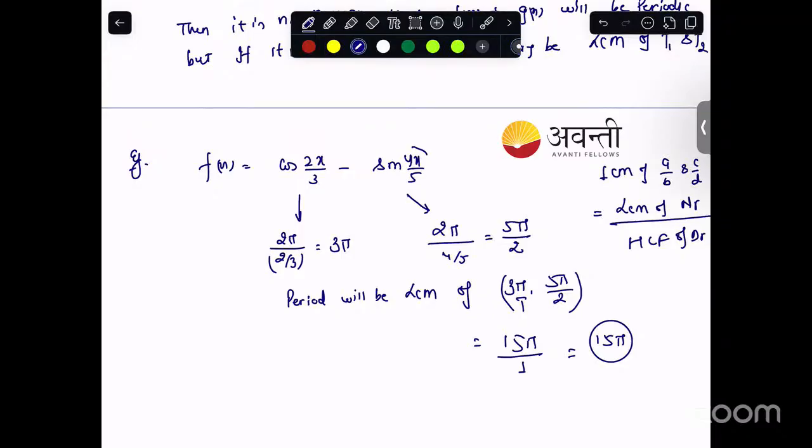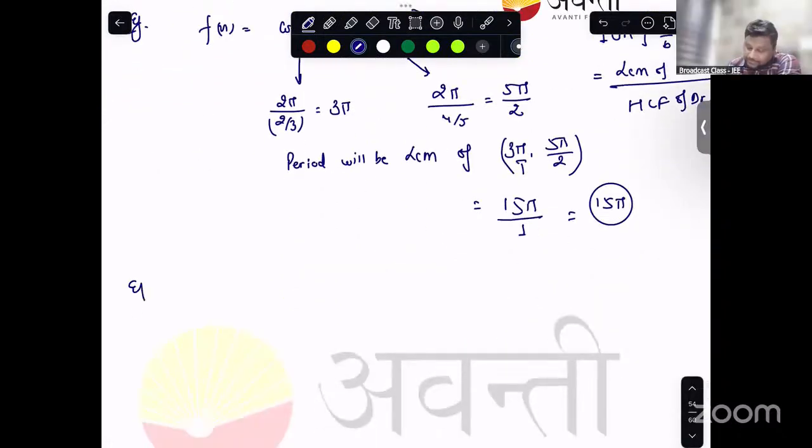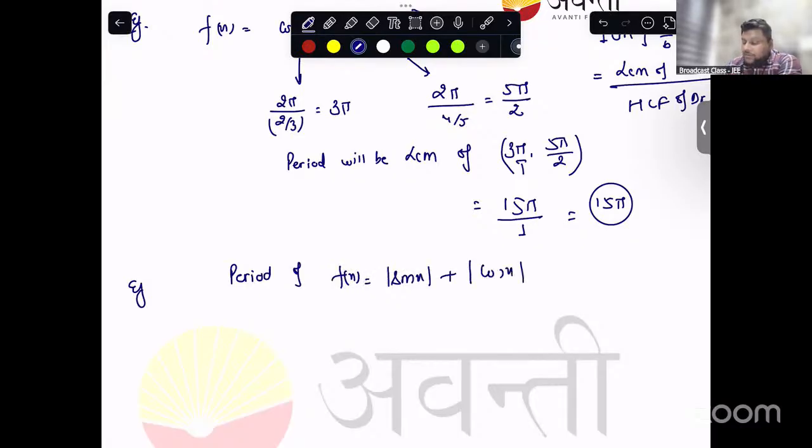Yes, sir. Next example. What is the period of f(x) equals mod sin x plus mod cos x?